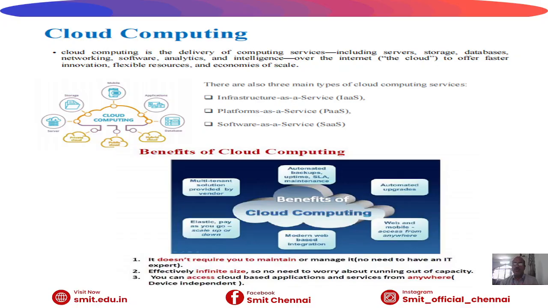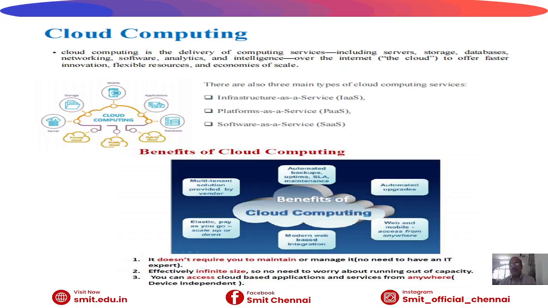Just to go through the names of the types of cloud computing services: infrastructure as a service, called IaaS, platform as a service, and software as a service. What does this mean?